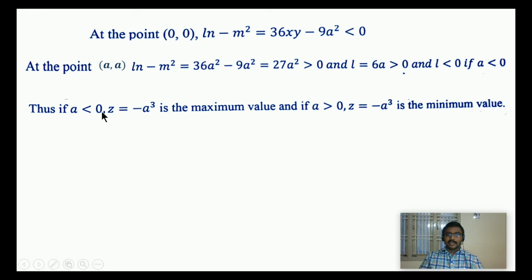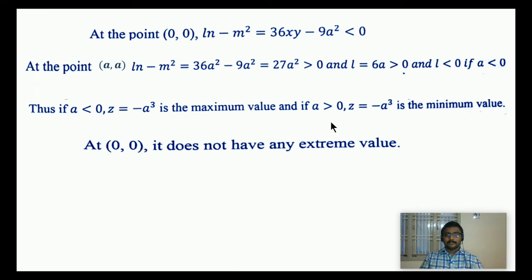So if a less than 0, z equal to minus a cubed is the maximum value, which is obtained by replacing x and y by a in the given expression. And if a greater than 0, z equal to minus a cubed is the minimum value, which is also obtained by putting x equal to a and y equal to a in the given function. At (0, 0), it does not have any extreme value because (0, 0) is a saddle point.